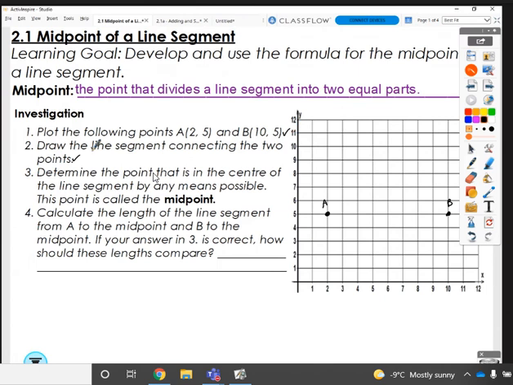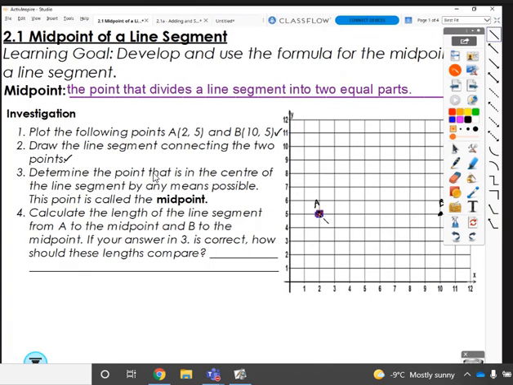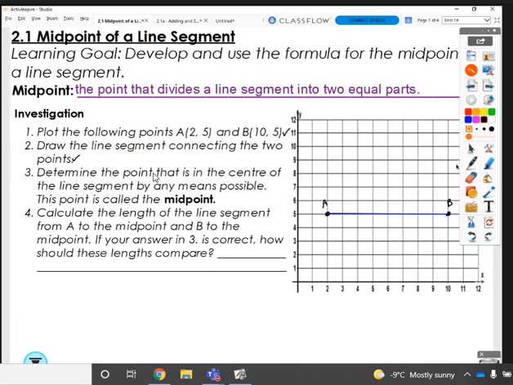I'm going to pull out a straight line, and for you folks, that might mean a ruler. So that is line segment AB. Notice we're not yet looking at the equation of that line or the slope of that line. Just hold on a minute. Here's a line segment from A to B.